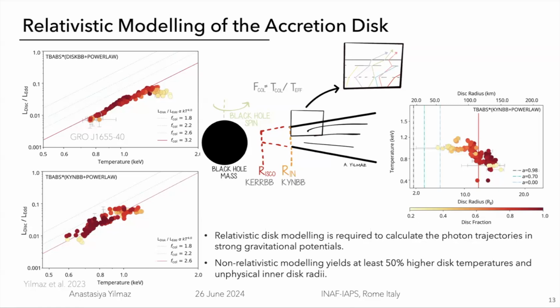There's a little bit more scatter introduced to the relationship, but that's more of a statistical issue than anything else. More importantly, when you look at the evolution of the inner edge of the accretion disk and what values it lies at, non-relativistic disk models give you a very unphysical value.